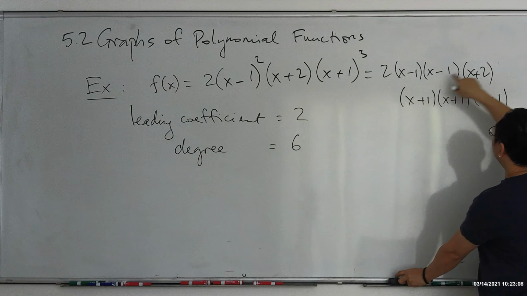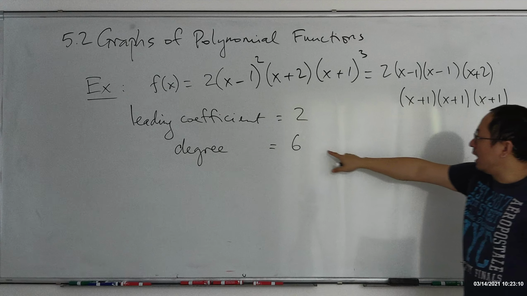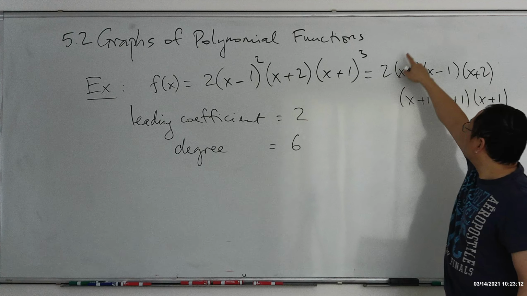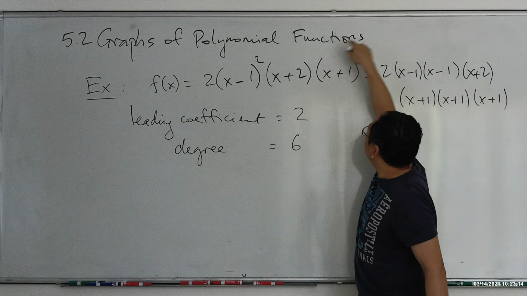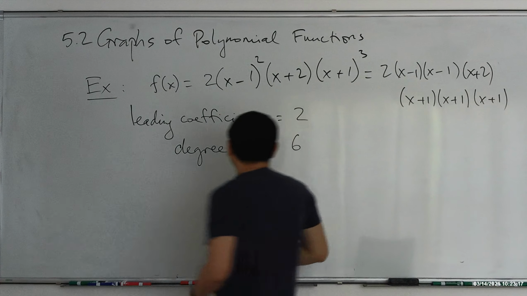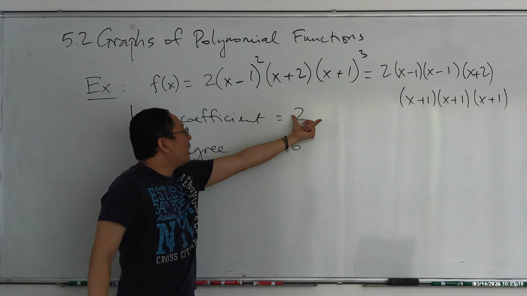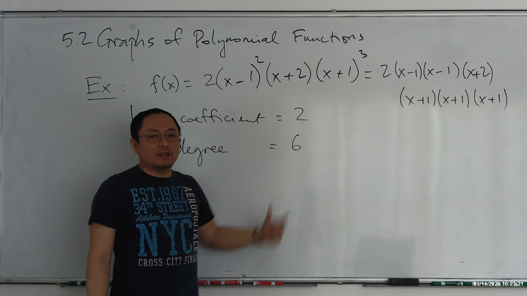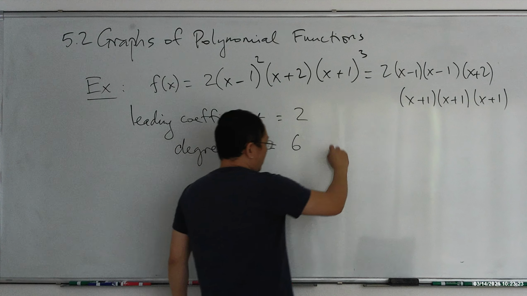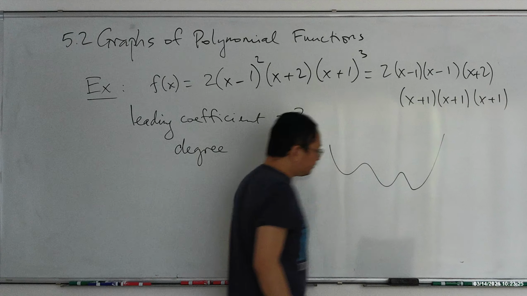You got 6 linear factors total. Add up, degree 6. So positive leading coefficient, even degree, according to what we learned before, the shape of the graph tends to be this way. Okay?